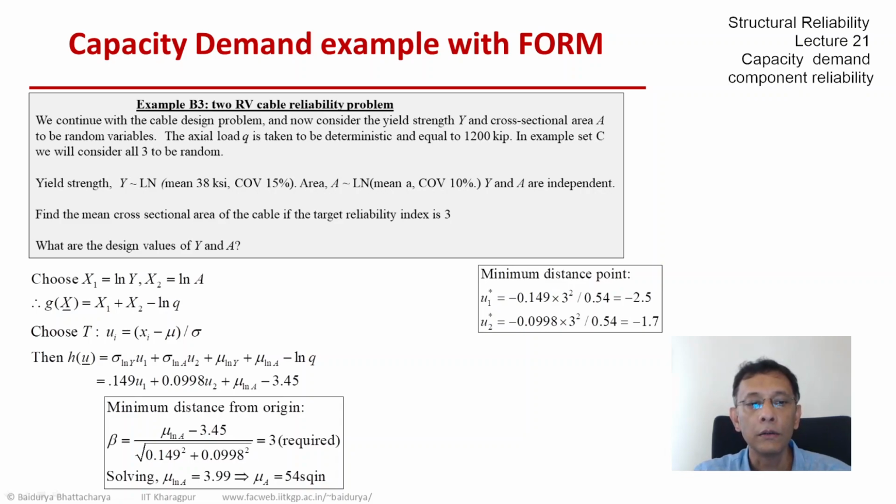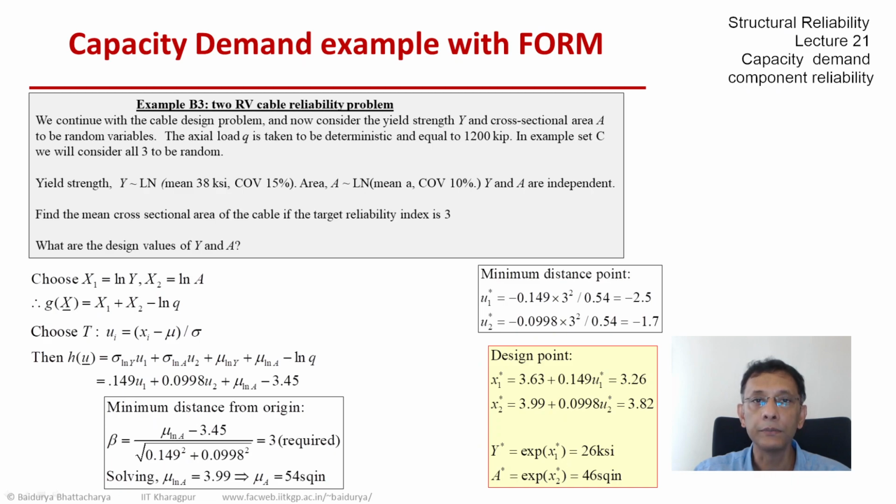So u1 star is 2.5 standard deviations below the mean, and u2 star is 1.7 standard deviations below the mean. That gives us the checking point or design point values in the basic variable and physical variable space as 26 ksi and 46 square inch respectively.